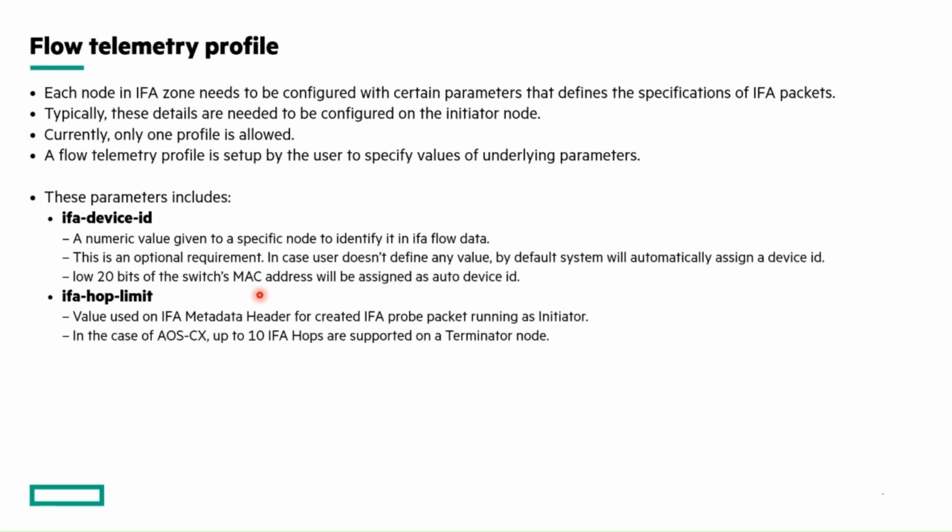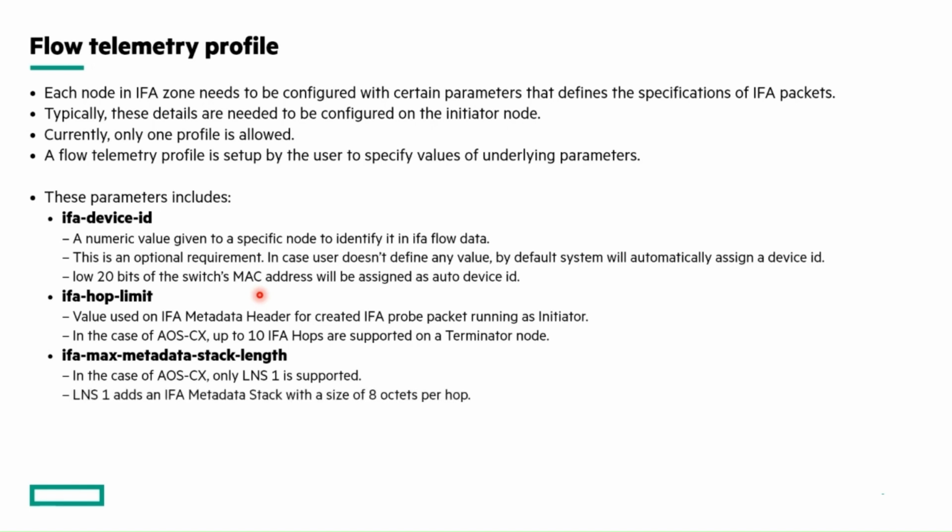So if you are configuring your IFA zone, you should consider that only 10 hops will be shown on a terminator node. Only 10 hops of data will be added to your IFA packet or IFA flow. Then there is the IFA max metadata stack length, which in case of AOS-CX only LNS1 is supported, and LNS1 adds an IFA metadata stack with a size of 8 octets per hop.